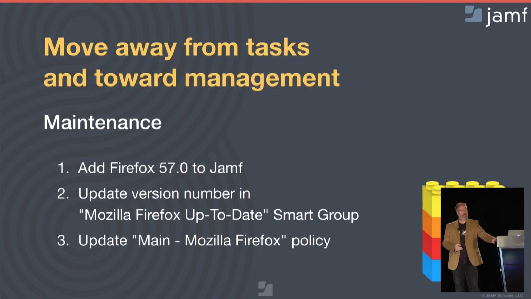Then we're going to go into our second smart group, the one that says is Firefox up to date, and we're going to update the version in that. We're going to change it from 56 to 57. And then third, we're going to go update that main policy with the new package. And that's it. Your Jamf server takes care of the rest.